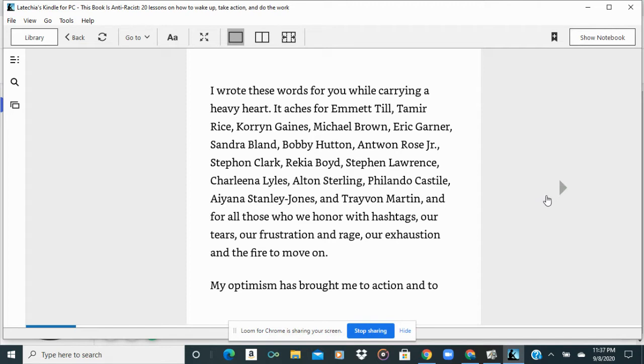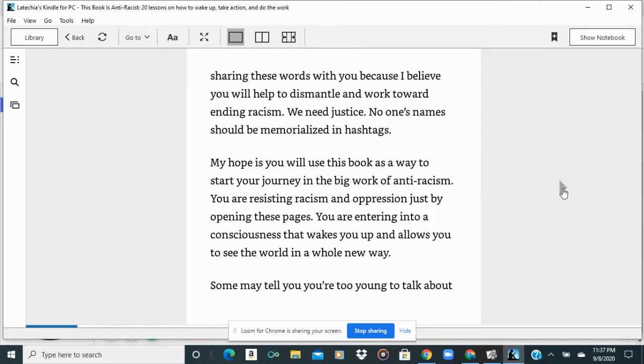My optimism has brought me to action and to sharing these words with you because I believe that you will help to dismantle and work toward ending racism. We need justice. No one's name should be memorialized in hashtags.